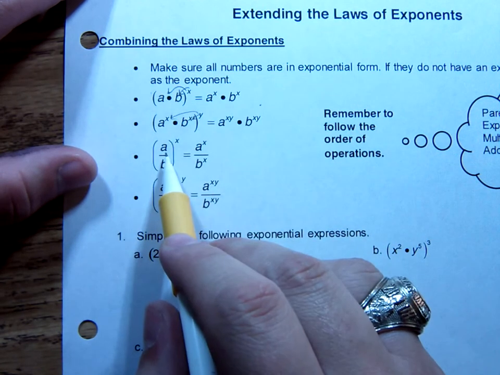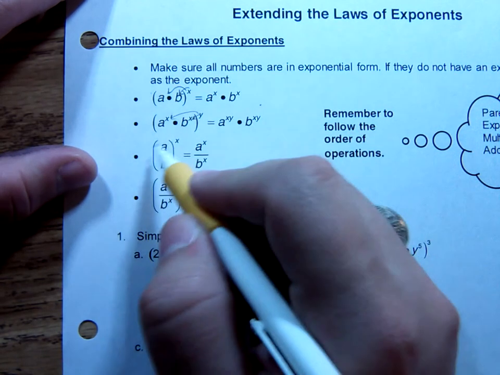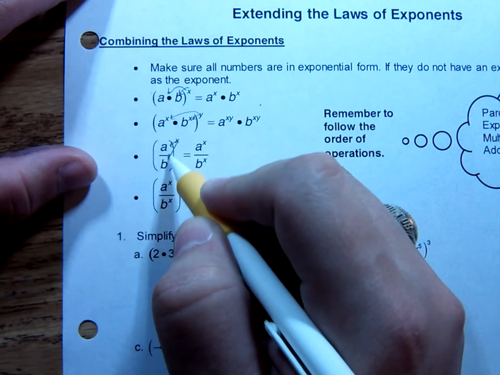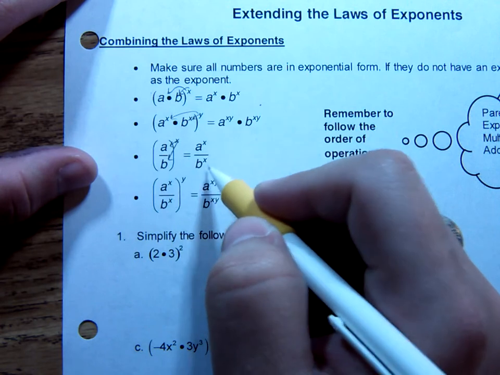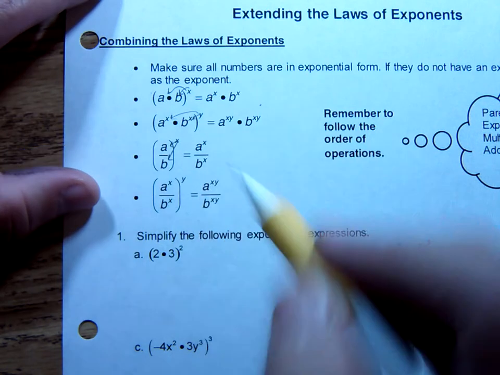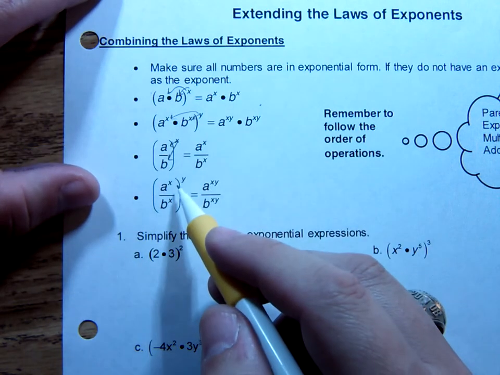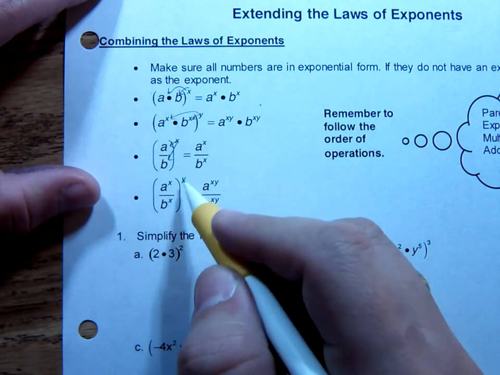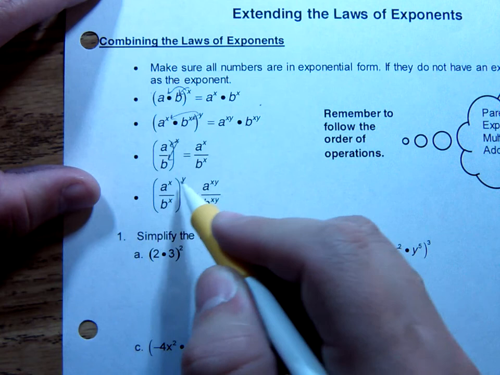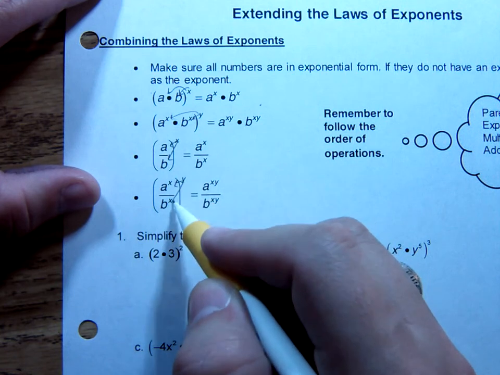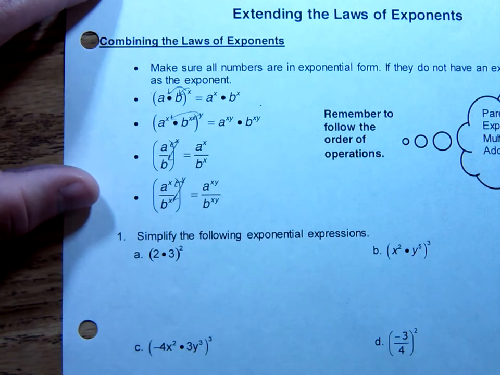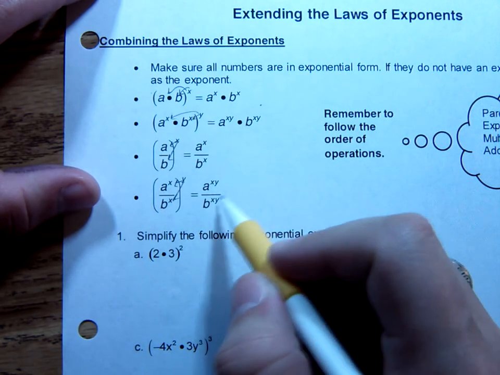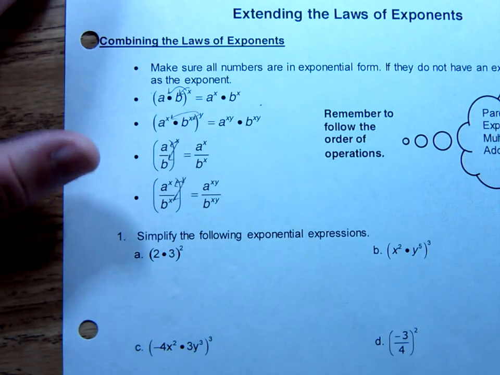If we have a divided by b, raised to the x power, then you're going to end up with a to the x power divided by b to the x power. And then if you have a to the x power divided by b to the x power, all raised to the y power, then you're going to just distribute that there and distribute that there, and end up with a to the xy power divided by b to the xy power.